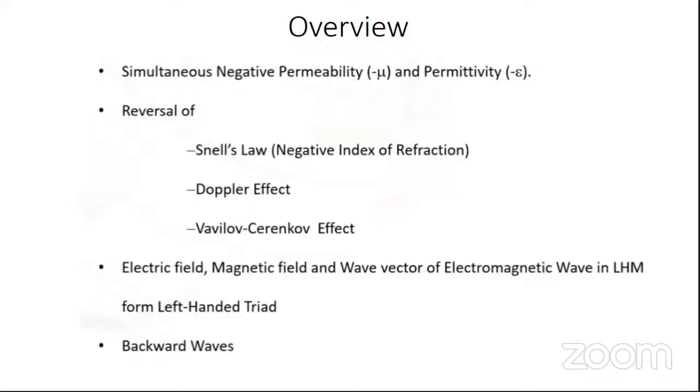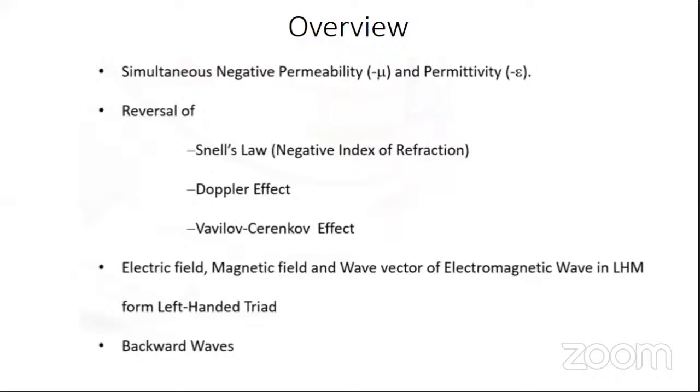So having the metamaterial properties, I mean having negative permeability and negative permittivity, changes all these laws. What are those laws? Snell's law, that means negative refractive index, as I showed you previously, the formula of negative refractive index of left-handed materials, minus under root mu epsilon, and also the Doppler effect and the Vavilov-Cherenkov effect.